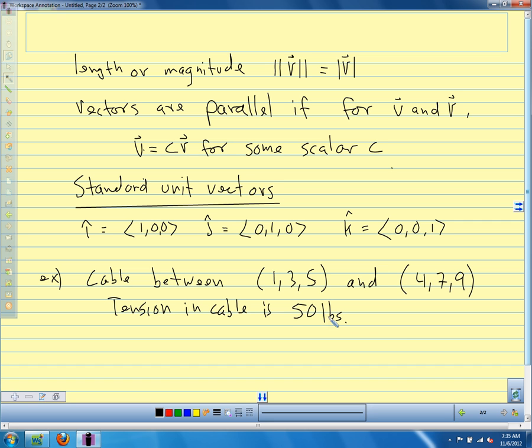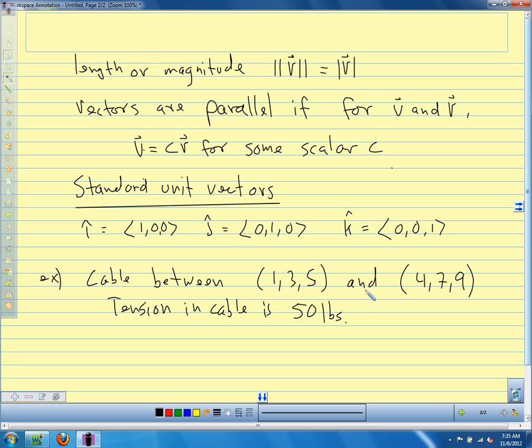So what Liam was saying is, we have these 2 points. Let's turn that into a vector. Our cable goes between these 2 points, so let's turn this into a position vector. So we have a vector that points from one point to the other point. That will tell us the vector along which this tension is acting.